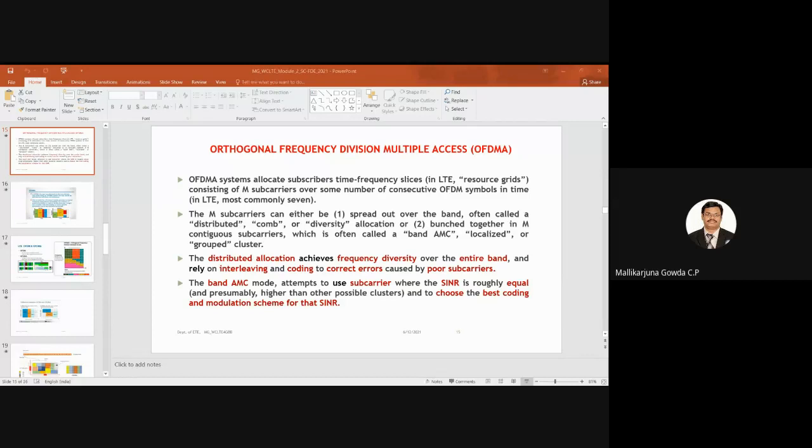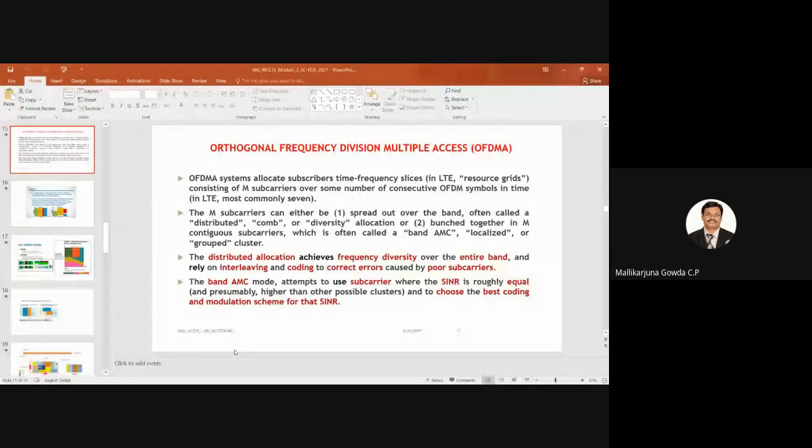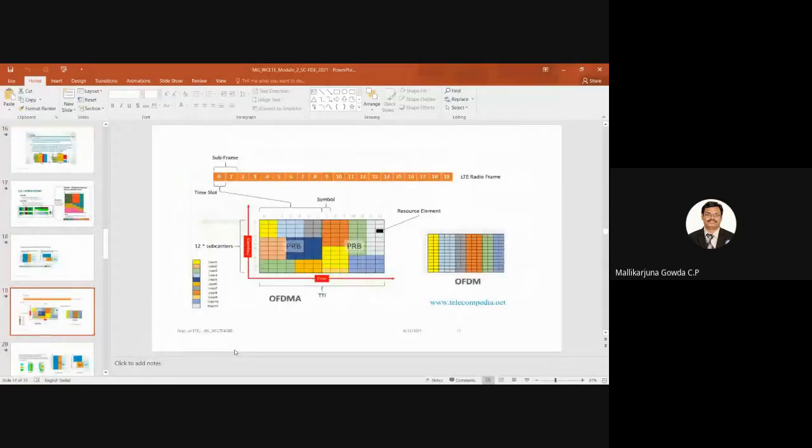So the other type I mentioned, band AMC mode, attempts to use the subcarriers where the signal to interference noise ratio is roughly equal, and to choose the best coding and modulation scheme for that SINR.